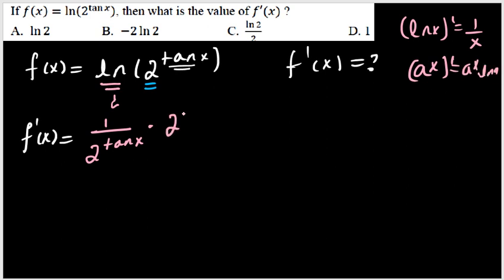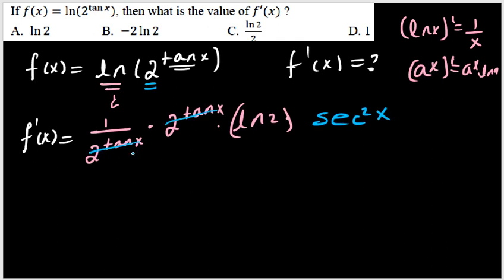So 2 to the power of tan x times ln 2. Again I have to multiply by the derivative of the next function, tan. The derivative of tan x is sec squared x. So this time 2 to the power of tan x will be cancelled, and what remains is ln 2 times sec squared x.